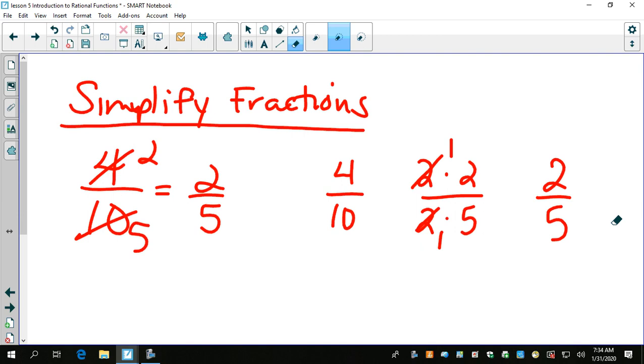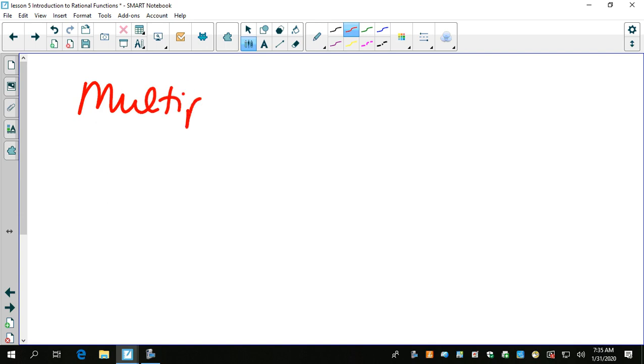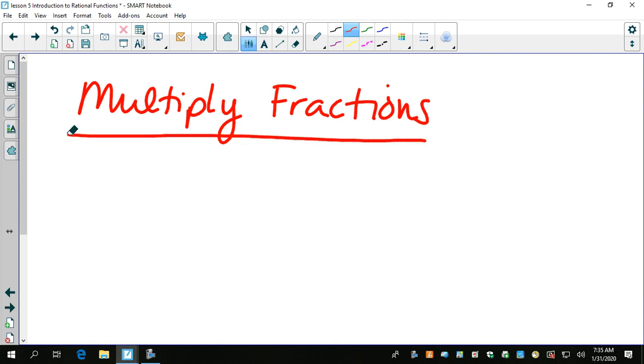We also need to know how to multiply fractions. So something very simple like 3/4 times 5/12.